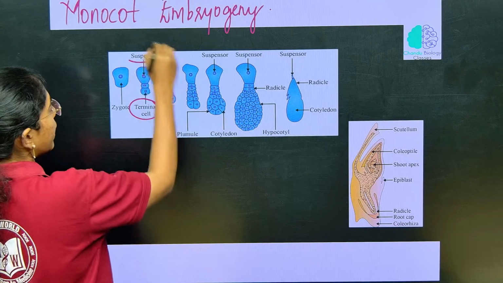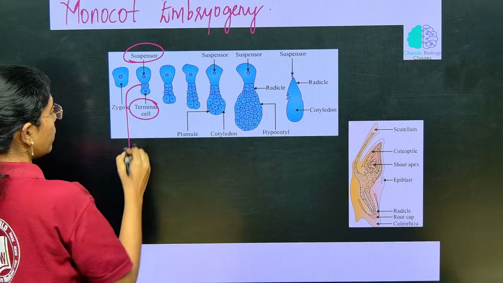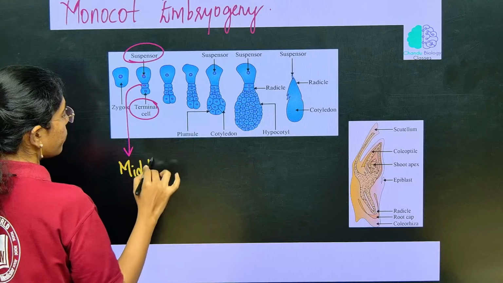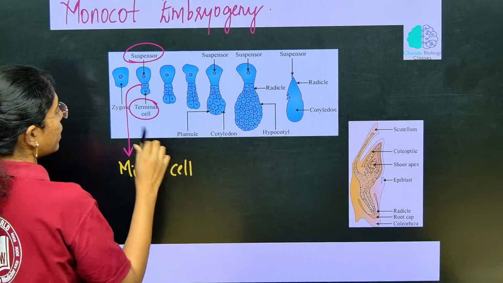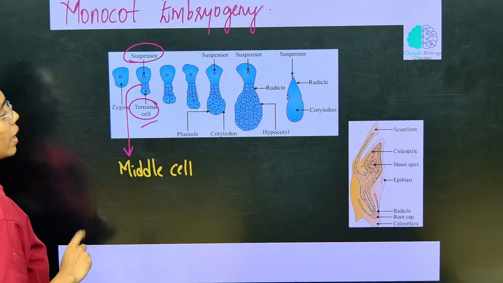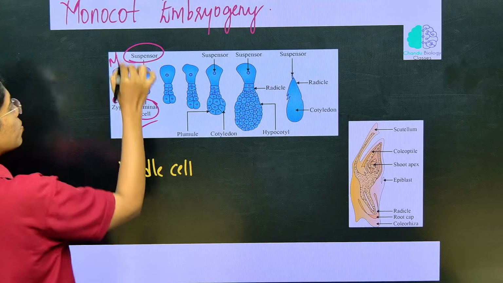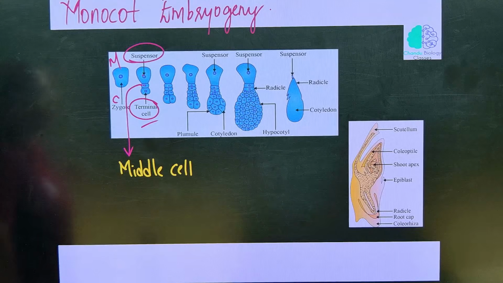So the apical cell will be the suspensor, next will be the middle cell, and at the base you can see the terminal cell. The terminal cell is towards the chalazal end and the suspensor will be towards the micropylar end.